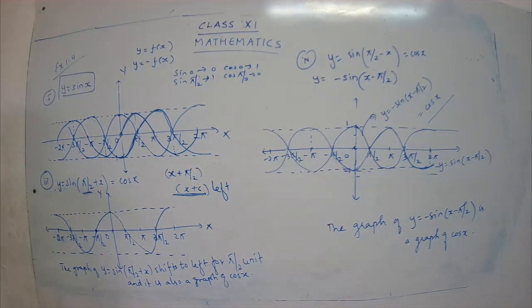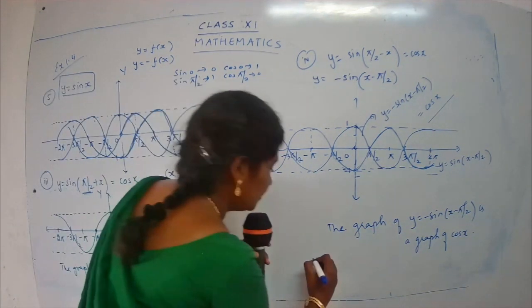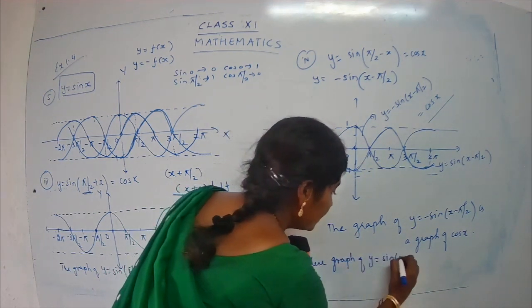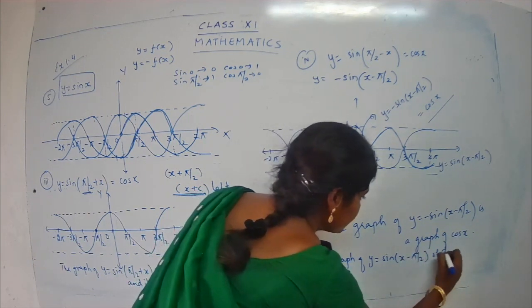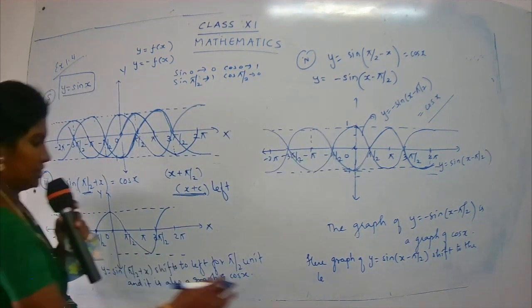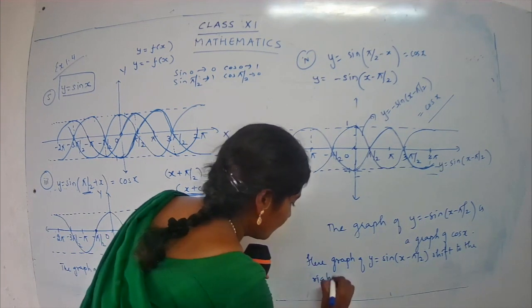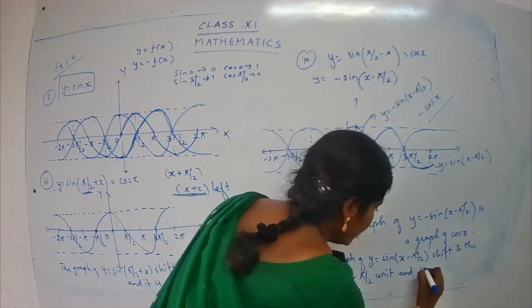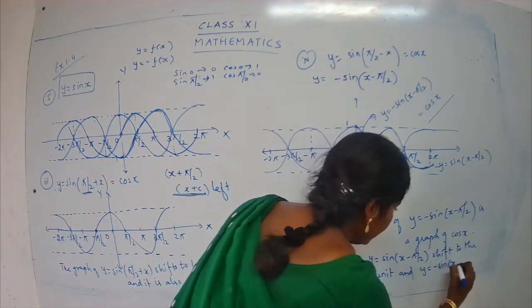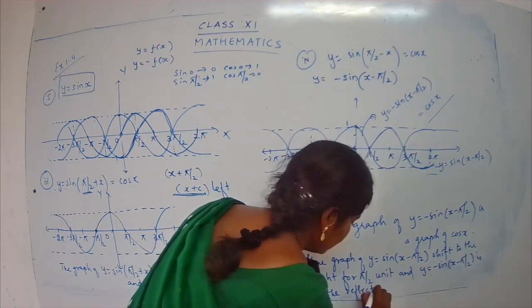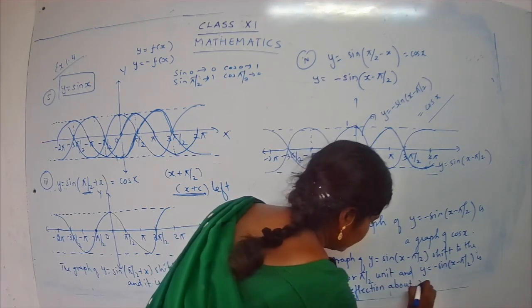So first we are shifting to the right and then we are taking the reflection about the x-axis. So here graph of y is equal to sine x minus pi by 2 shifts to the right for pi by 2 unit, and y is equal to minus sine x minus pi by 2 is the reflection about x-axis.